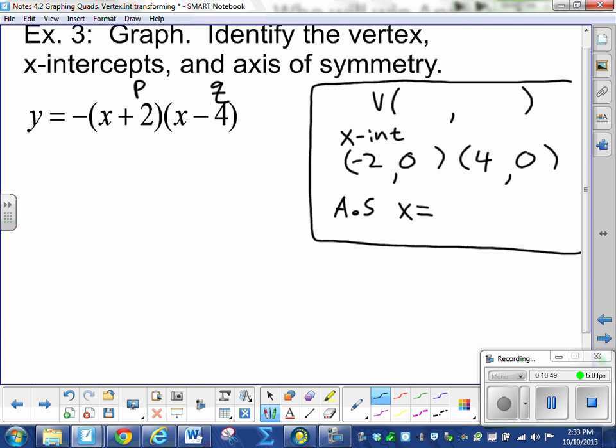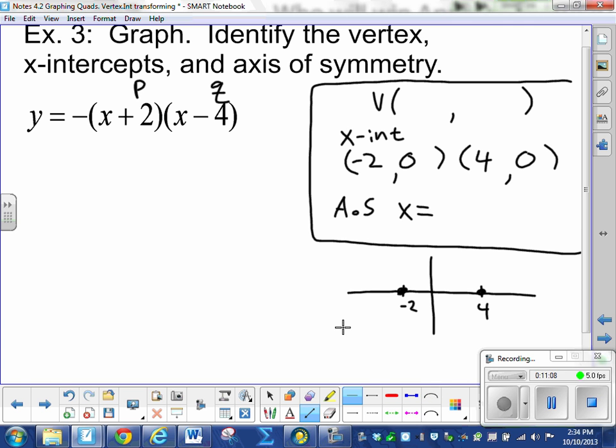Another way to think about this is that your intercepts are here and here, and since your vertex lies on the axis of symmetry, we know the axis of symmetry goes down the middle of your x-intercepts, so that's going to be the x value of your vertex.